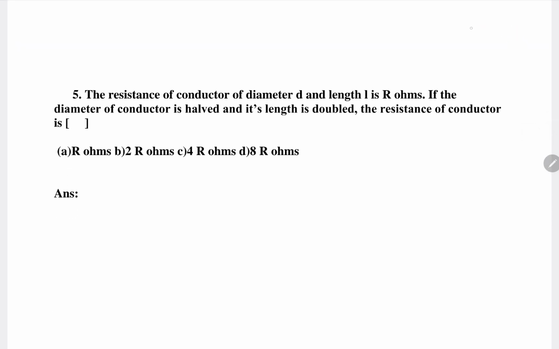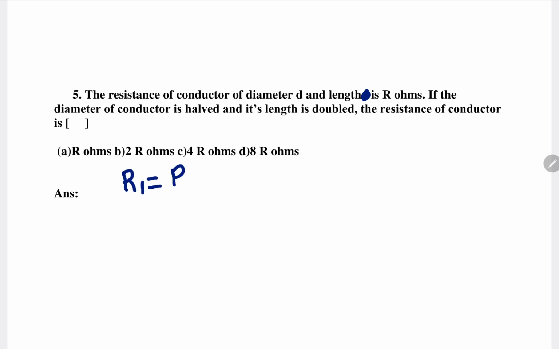Next, again about the resistance. The resistance of a conductor of diameter D and length L is R ohms. If the diameter of the conductor is halved and length is doubled, then what is the resistance of the conductor?